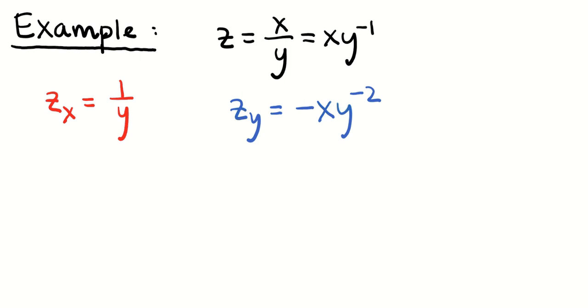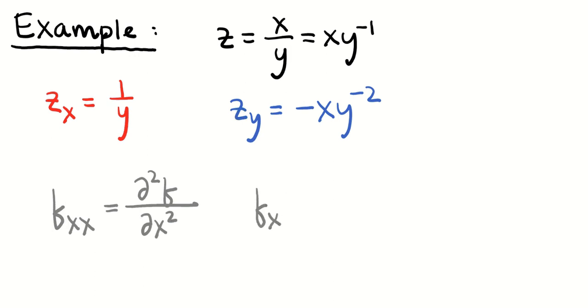Okay? Now, there is one other thing that I want to tell you about, and that's higher order partials. So I'm just going to tell you that when we say fxx, what we mean is the second derivative of f with respect to x both times. But we could take the derivative of f with respect to x, get a function, and then want to take the derivative of that with respect to y.